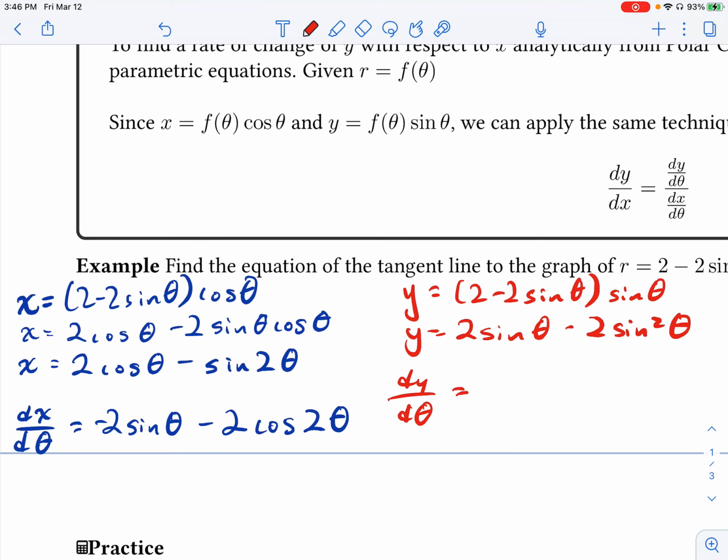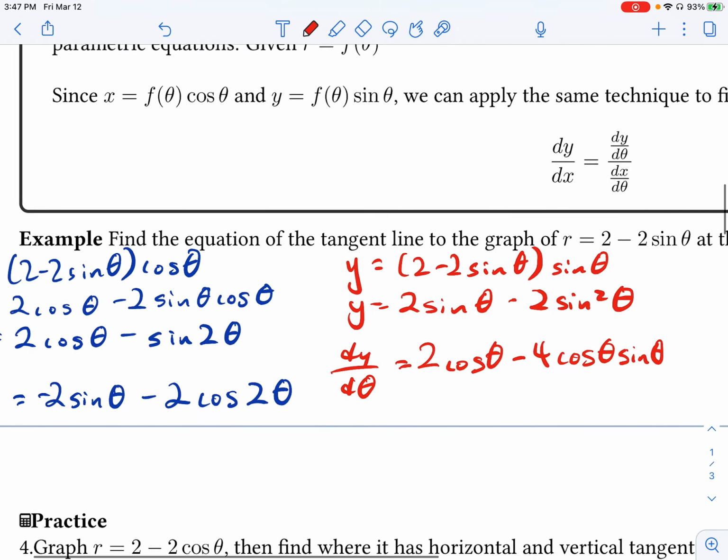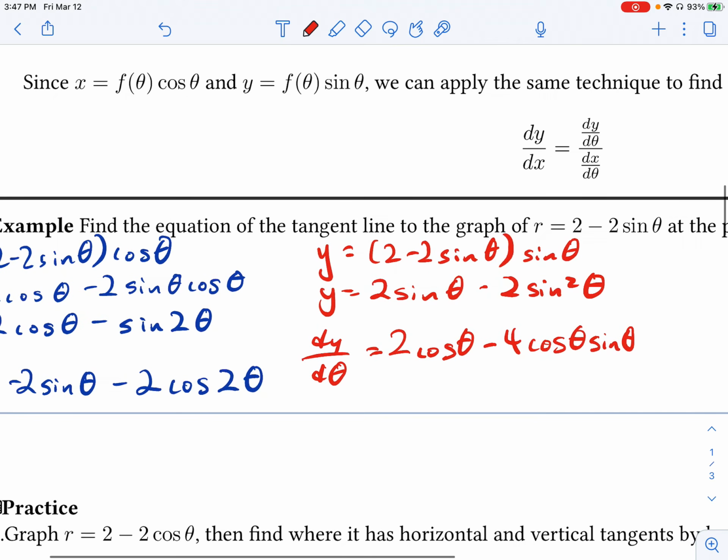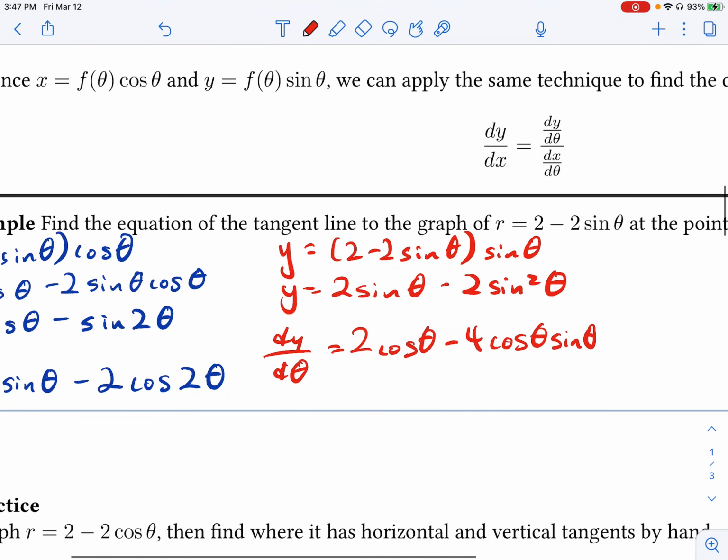This should be equal to 2 cosine theta minus, applying the chain rule, 4 cosine theta sine theta. If you want, you can rewrite this using some identities, so we could say that this, for example, is equal to minus 2 sine 2 theta, however you please.